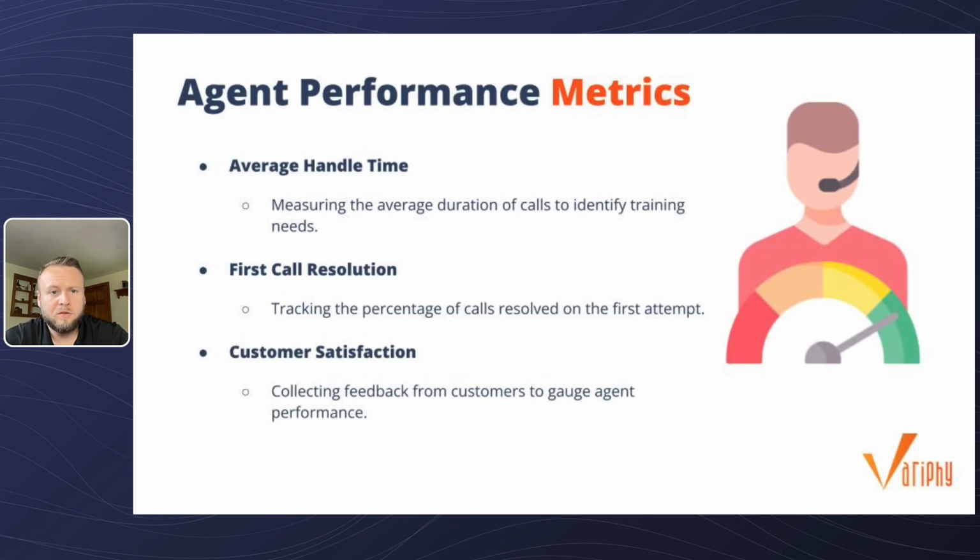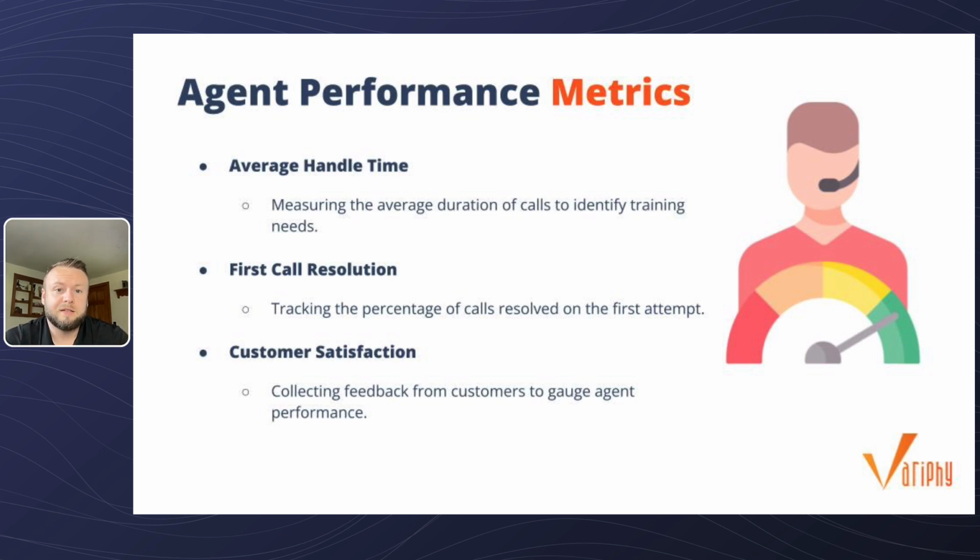Another thing you're going to want to look at is agent performance metrics. Monitoring agent performance is going to be crucial for identifying inefficiencies and areas for improvement across your call centers. Some of the key metrics you want to look at are average handle time, measuring the duration of calls to identify agents who need additional support or training, like we mentioned. First call resolution, tracking the percentage of calls resolved on the first attempt.